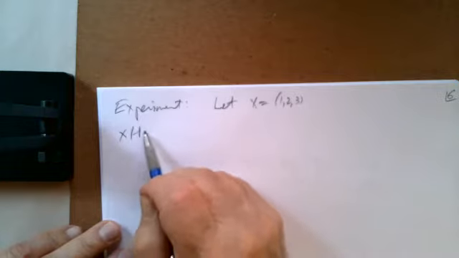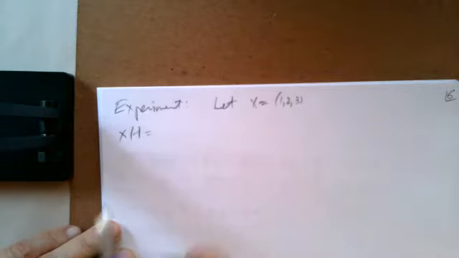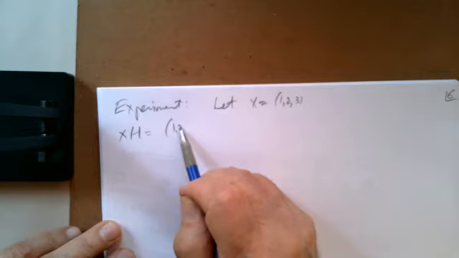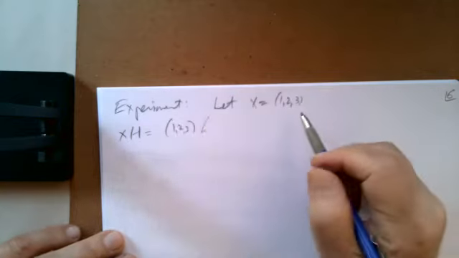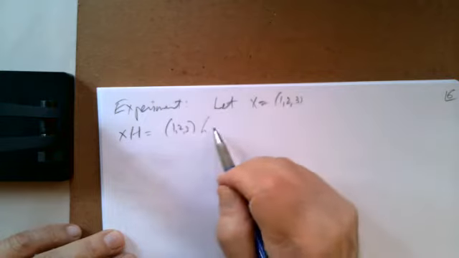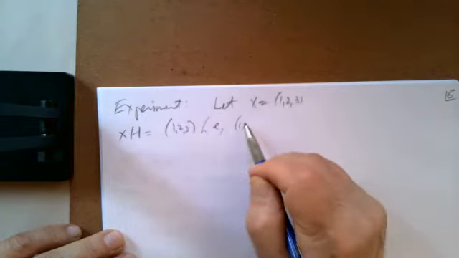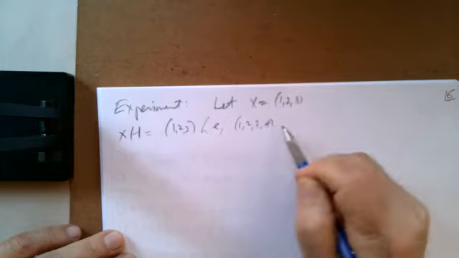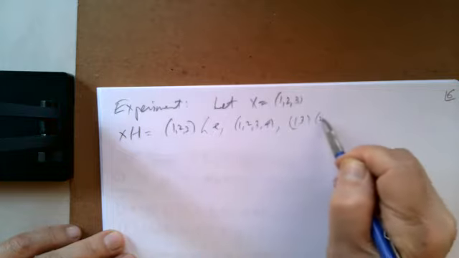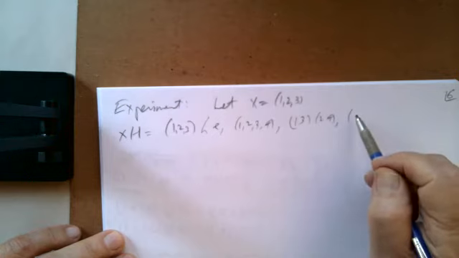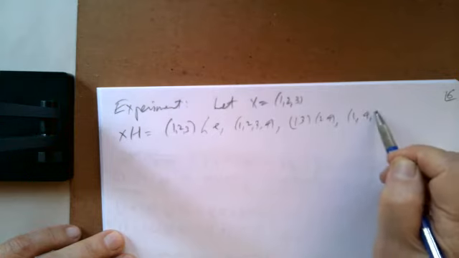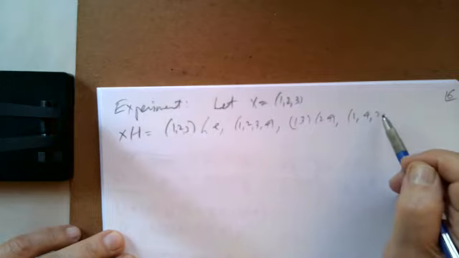So XH is (1 2 3) times E, (1 2 3 4), (1 3 2 4), and (1 4 3 2).